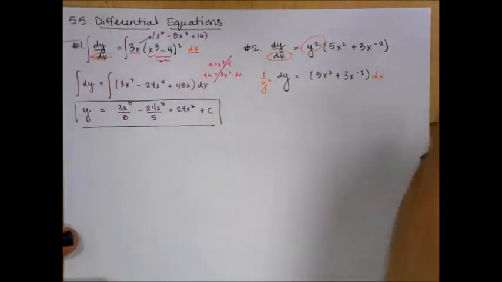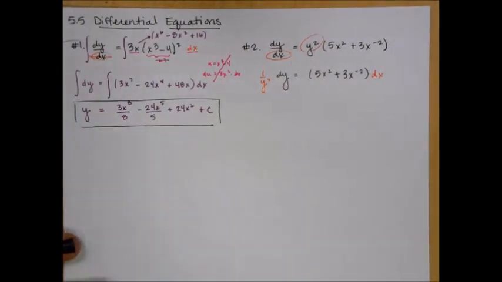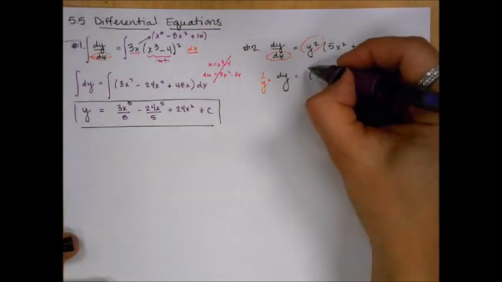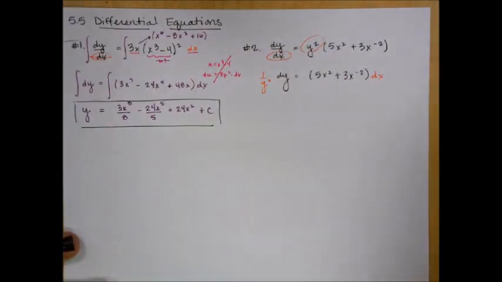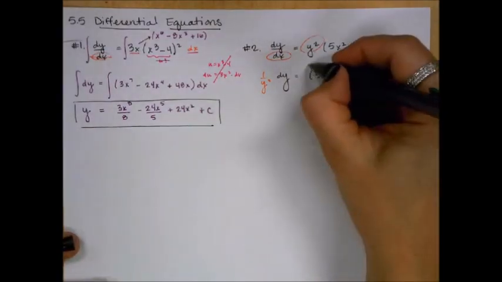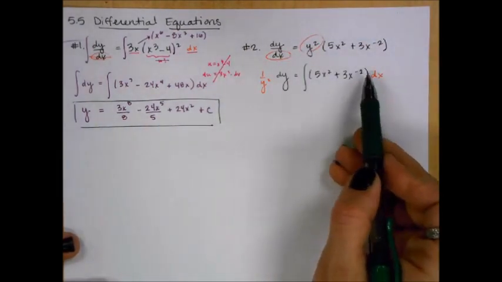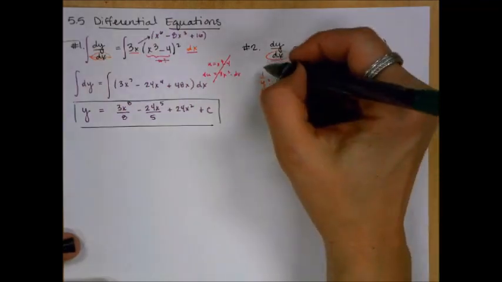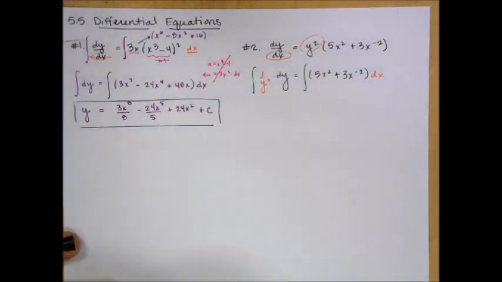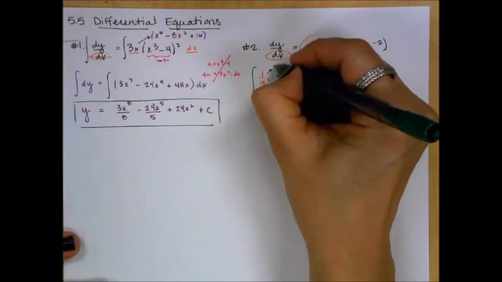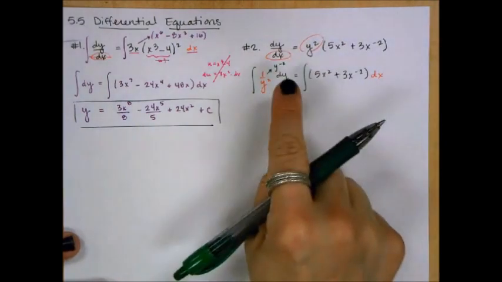And it's just about ready to integrate, at least on the right side it's ready. So I'm thinking on the left side to rewrite 1 over y squared. Just like the 3 over x squared is 3x to the negative 2, we're going to rewrite 1 over y squared as y to the power negative 2.